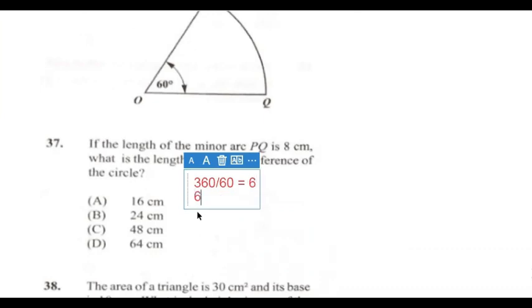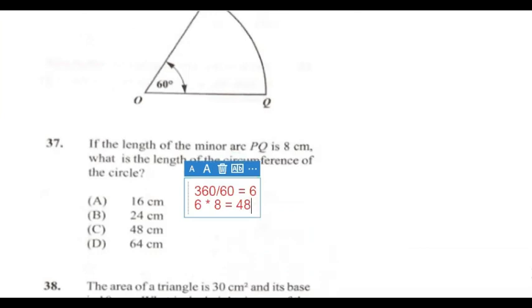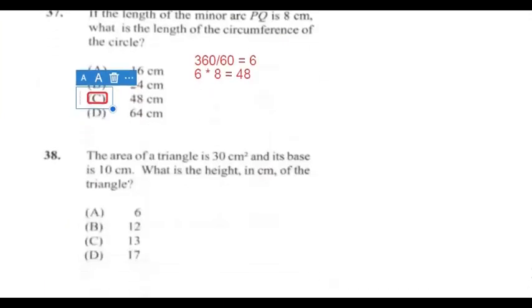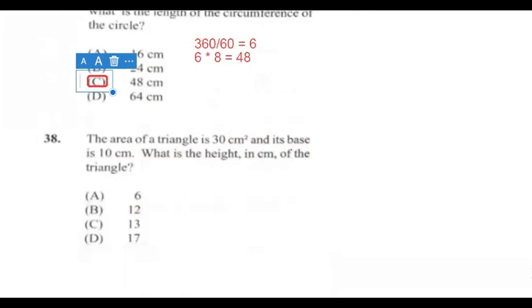So it would be 6 arcs of 8 centimeters, correct? So it becomes 6 multiplied by 8, and 6 times 8 is 48, and that is the length of the circumference of the circle, which is 48 centimeters.